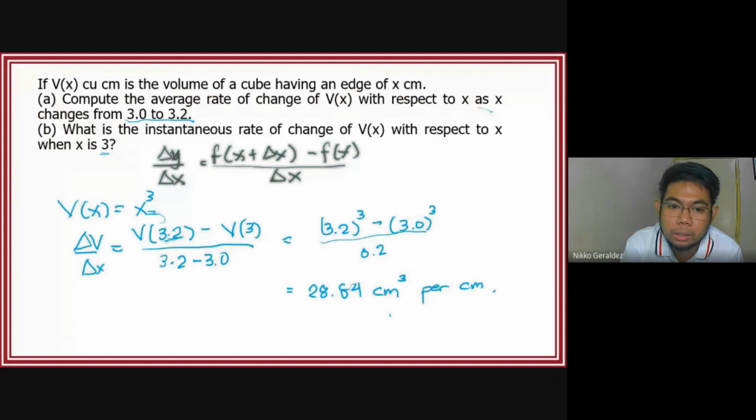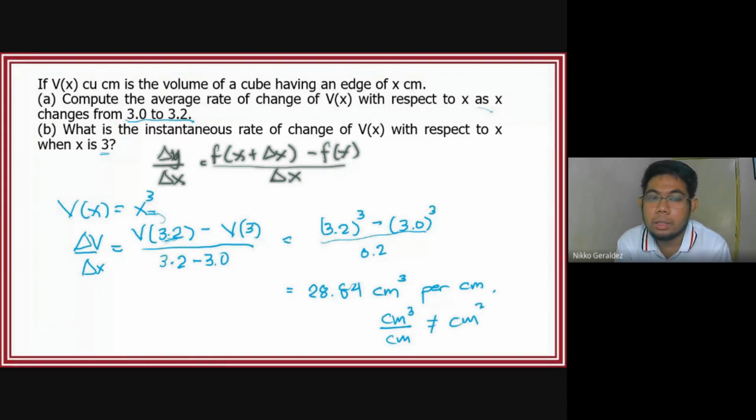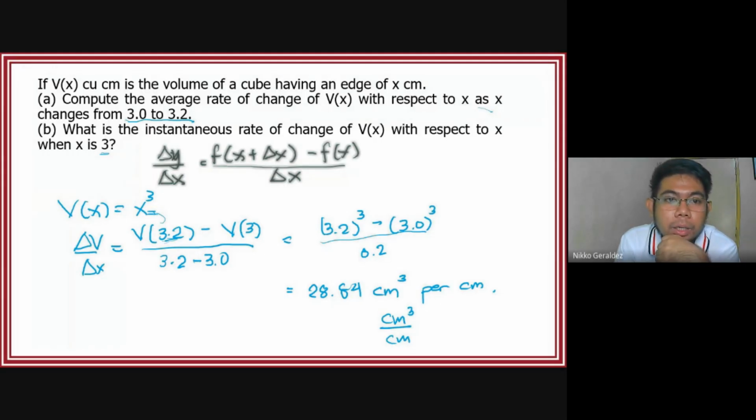So, that is cubic centimeter per centimeter, or pwede mo i-write as cubic centimeter per cm. So, ganyan. O, wag mo lang gagawin cm squared for this problem, kasi pag cm squared nilagay mo dyan, may interpret siya as area. So, hindi po area yung pinag-uusapan natin. Pinag-usapan natin is the rate of change of the volume with respect to the edge. So that is average rate of change.